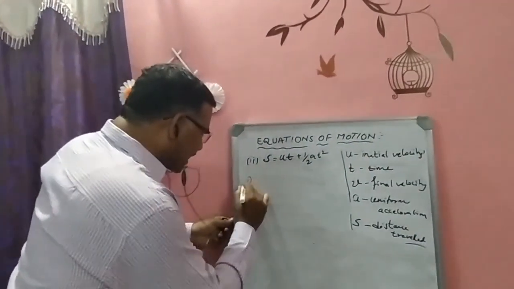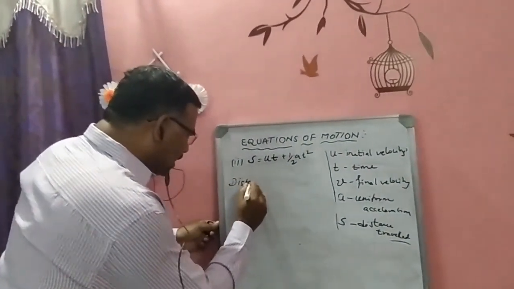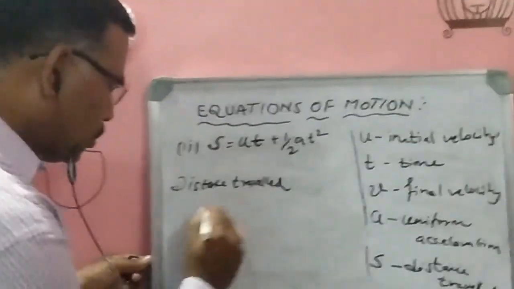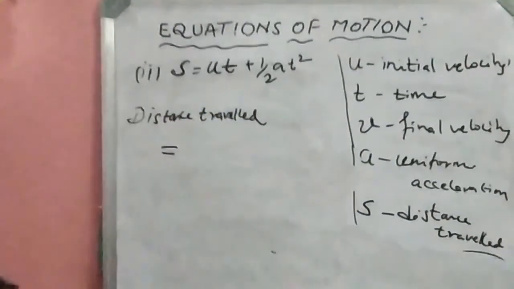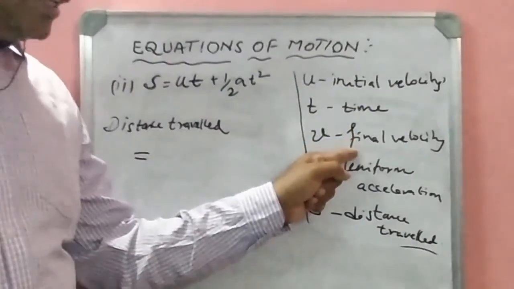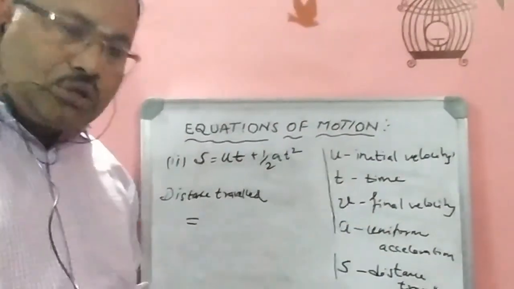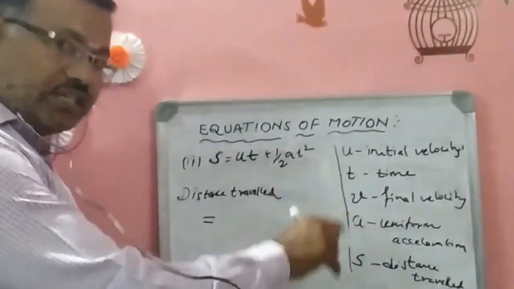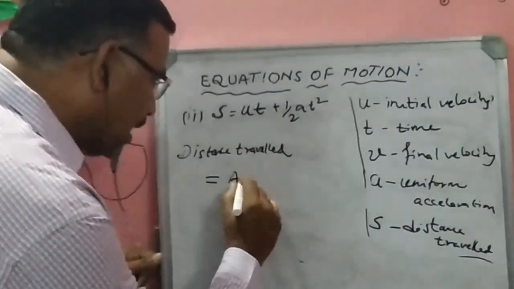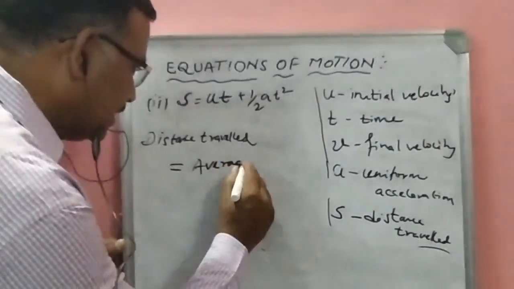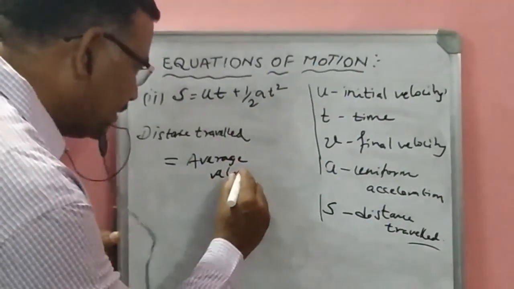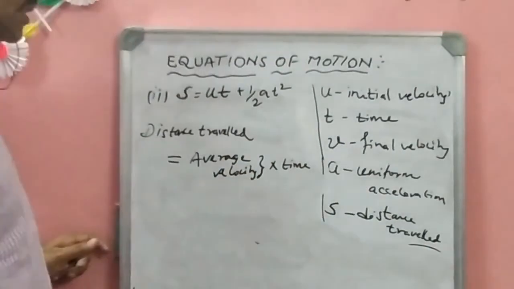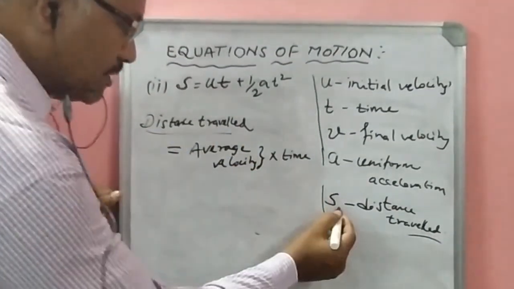So the formula is same. So what I am writing here, distance traveled is equal to velocity into time. Here there are two velocities, initial velocity and final velocity. So I cannot write one. So you take the average of velocities. So what I am writing, average velocity into time. Distance traveled is equal to average velocity into time. Distance traveled is denoted by the symbol s.